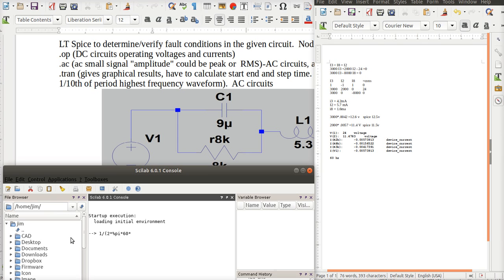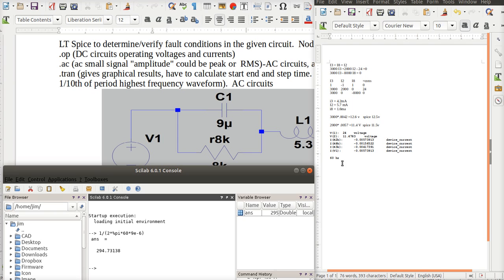times my capacitance. Capacitance is 9, micro is 10 to the minus 6. The way you do scientific notation in Scilab is 9e to the minus 6. So this is 9 times 10 to the minus 6. That's just the syntax it uses. Close parentheses.